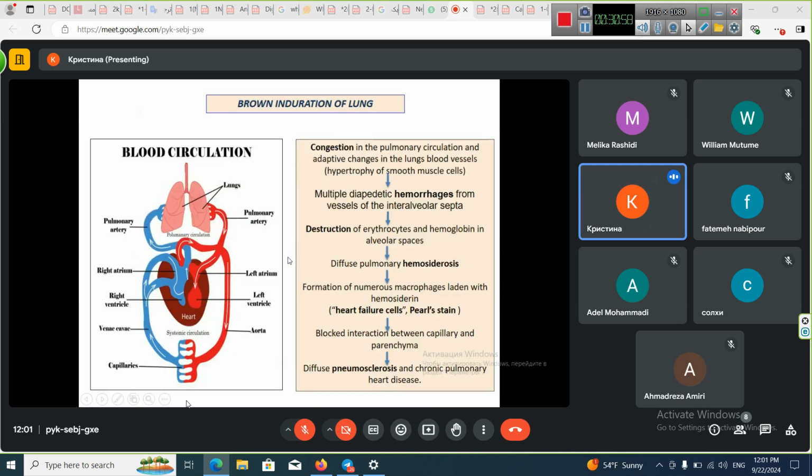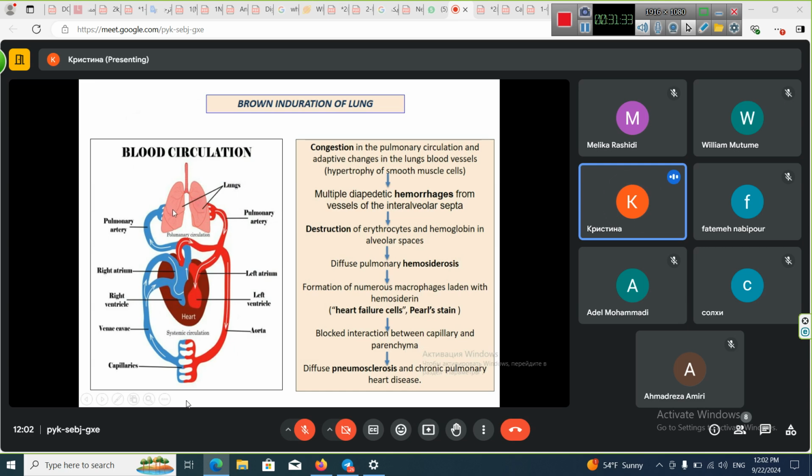Now, what happens during brown induration of the lung? Congestion in the pulmonary circulation and adaptive changes in the lung blood vessels, hypertrophy of smooth muscle cells. Congestion in the pulmonary circulation. You see here the pulmonary circulation. The right ventricle sends venous blood, poor in oxygen, to the lungs.